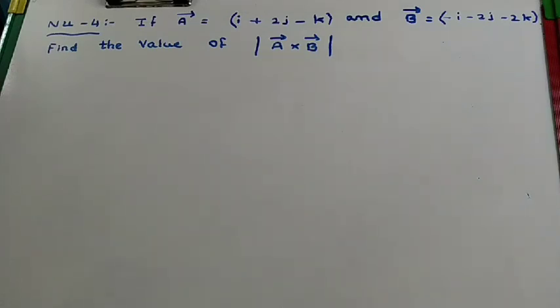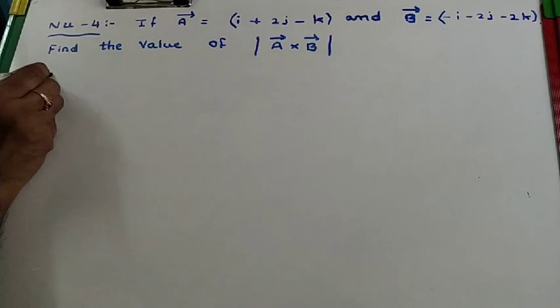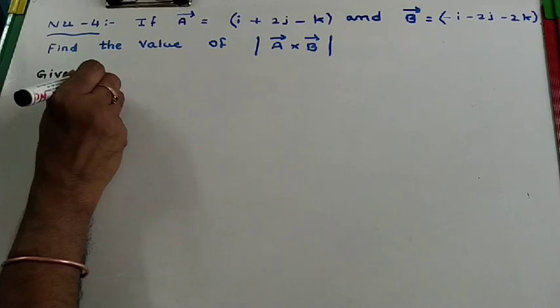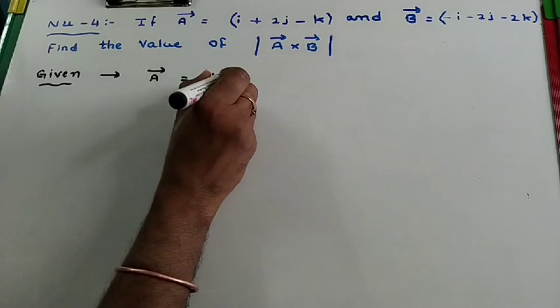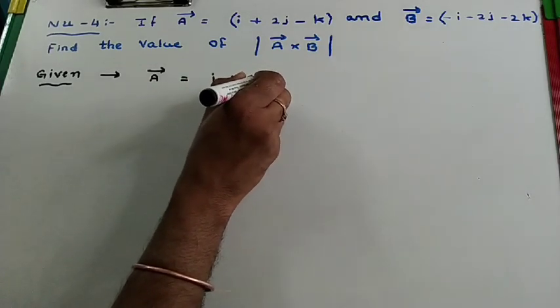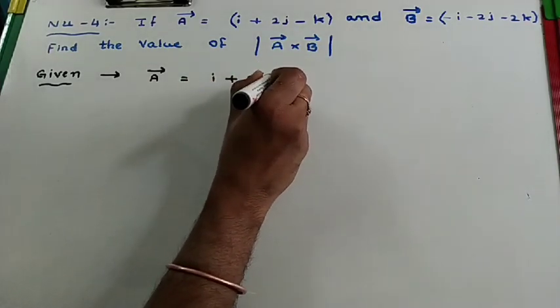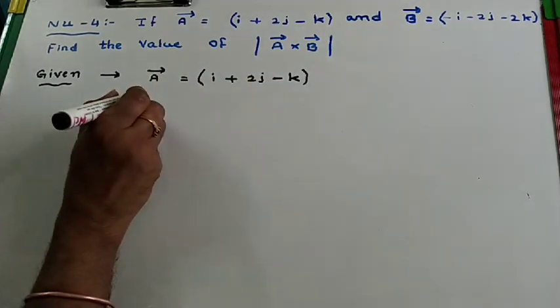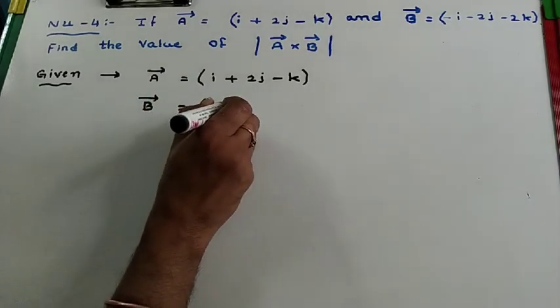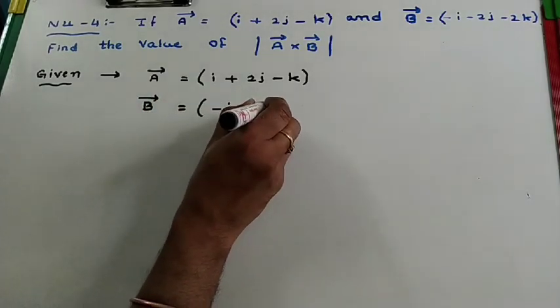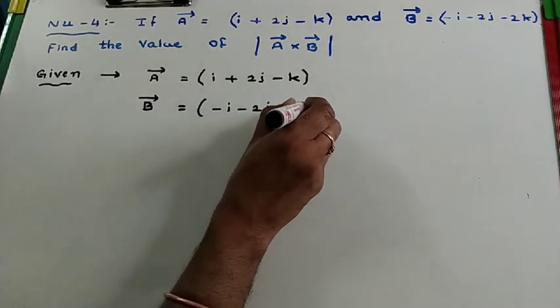Once again, what are the given? A is equal to i plus 2j minus k. B is equal to minus i minus 2j minus 2k.